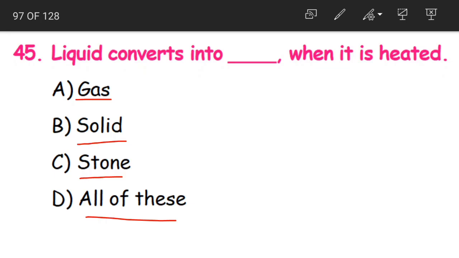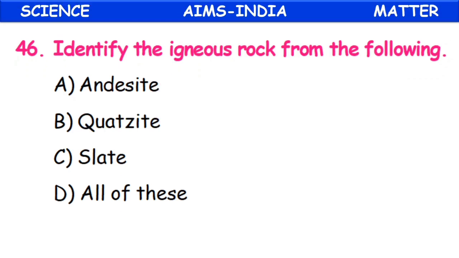When liquid is heated, what form are we going to get? So we are going to get the vapor, no, water vapor, and that is in the form of gas. So gas is the correct answer. Clear, children? So liquid converts into gas when it is heated. Okay. And now the next question.